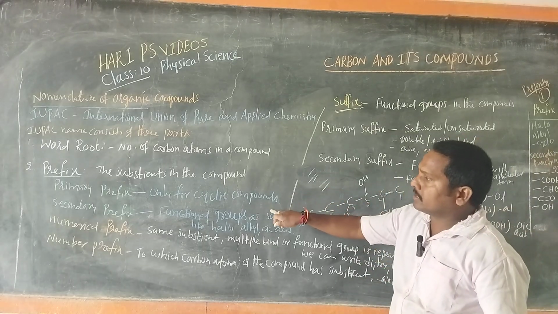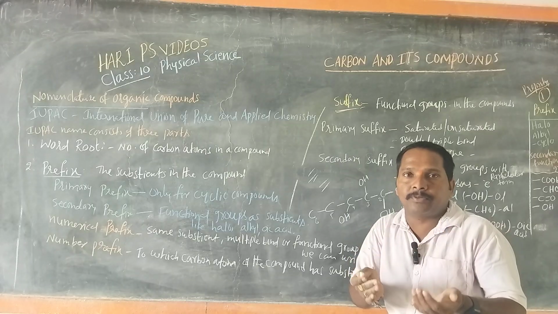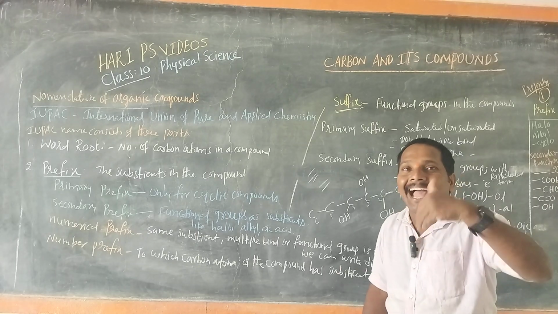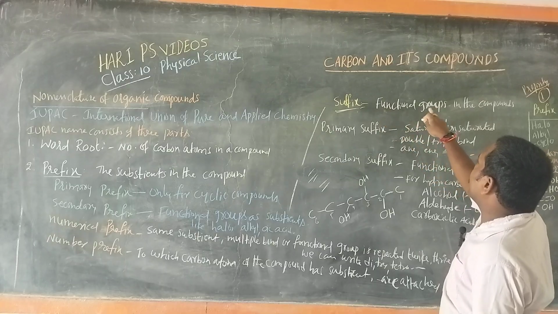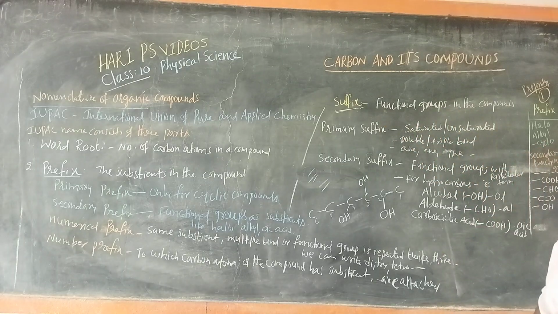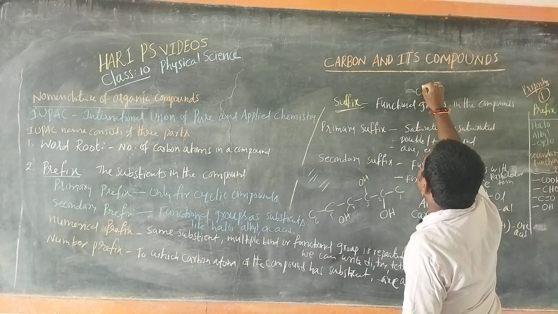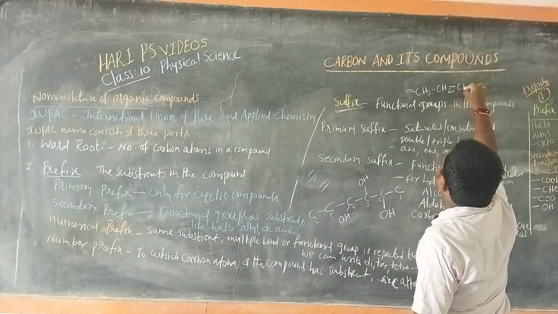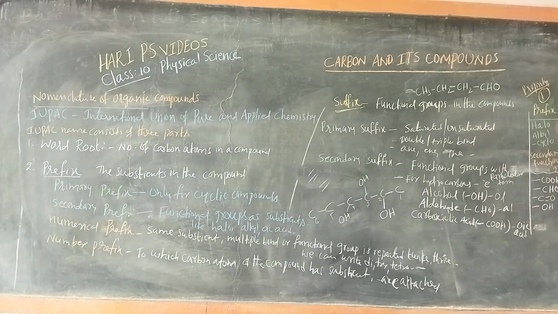Right? So secondary prefix means if the functional groups are present as substituents. Then what about functional groups in the compounds? For example, you can take CH3, CH2, CH2, CHO.